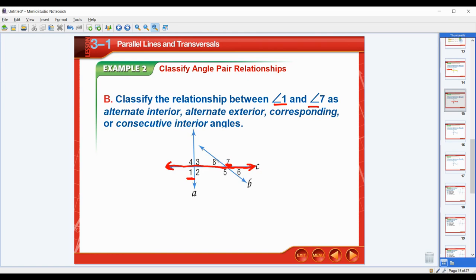So anytime that we have two angles that are on the outside, I'm going to kind of think in the exterior area. And this alternate here tells us that they are on different sides of the transversal. So our answer for this example would be alternate exterior.